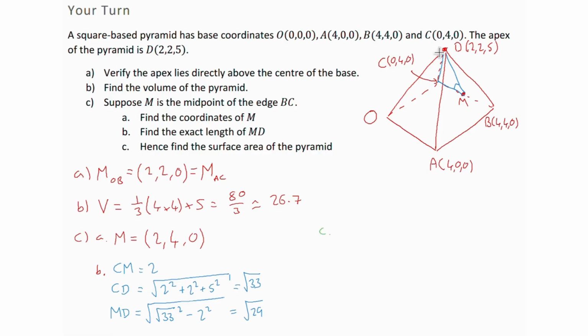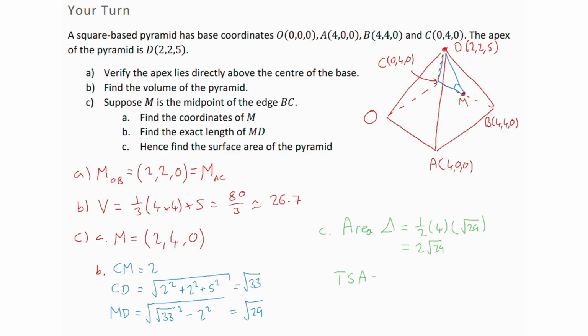Finally, now that we know that, we can do the last part, which is the surface area of the pyramid. First of all, we're going to find the area of one of those triangular faces, which is a half times the base, which is C to B, which is the length of 4, times by the perpendicular height of that triangle, which is that length MD we just found, root 29. So one triangle is 2 root 29.